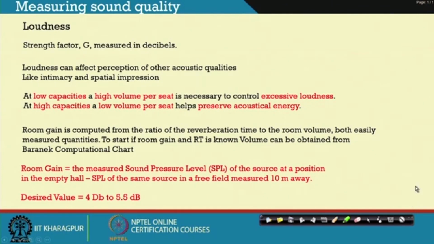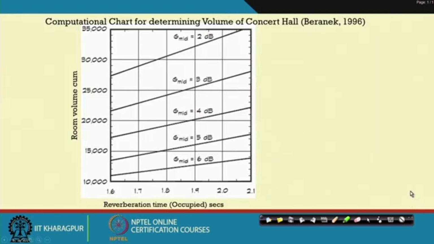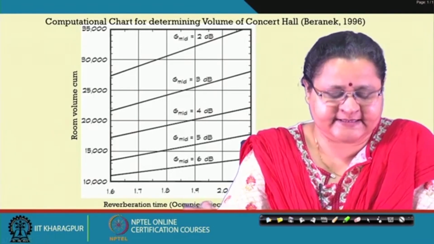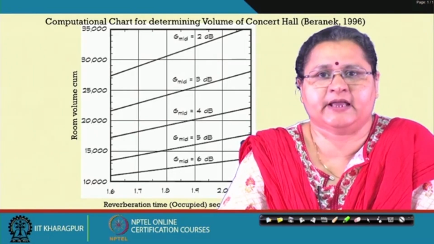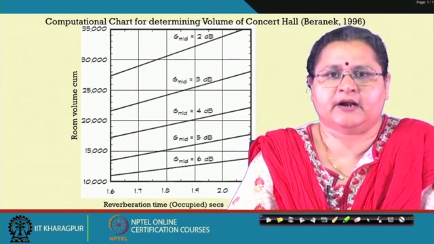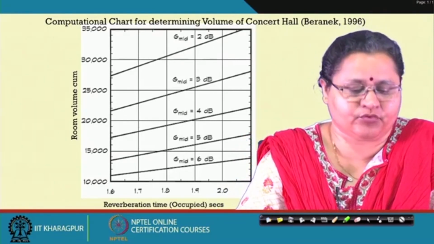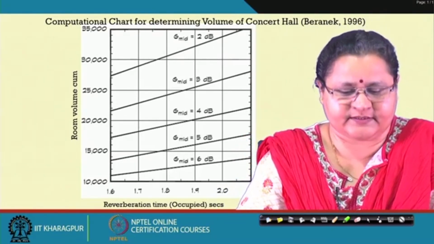So, if we see the graph in the next slide, you see that here on the x axis you have the reverberation time which you are targeting for the occupied seats, and on the y direction you have the room volume in cubic meters.